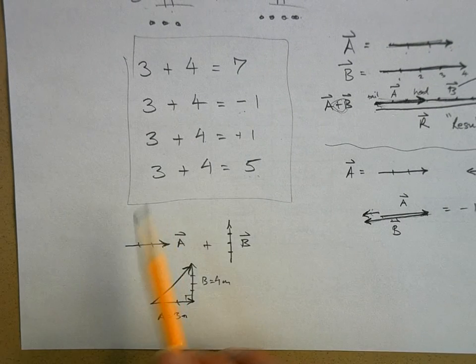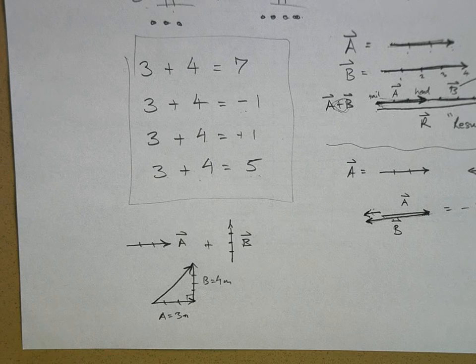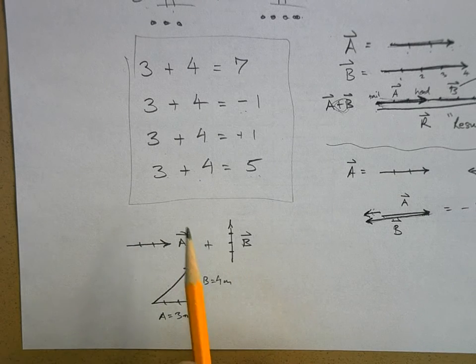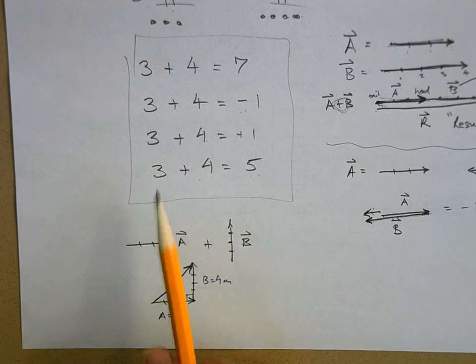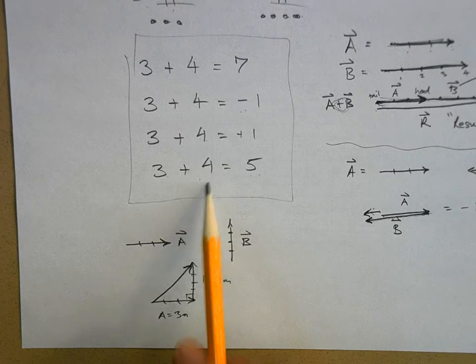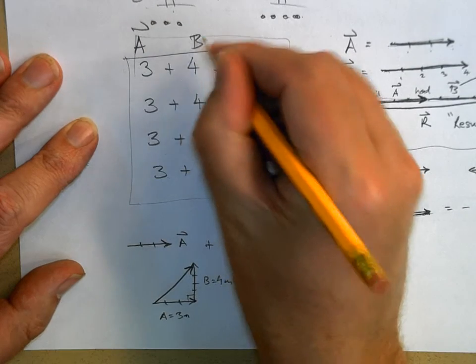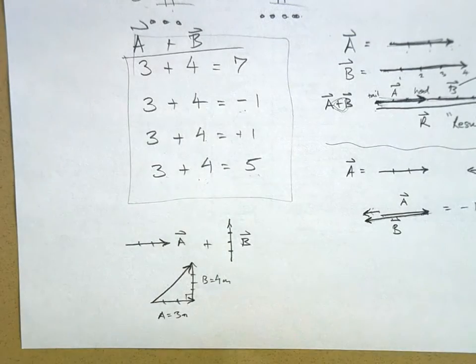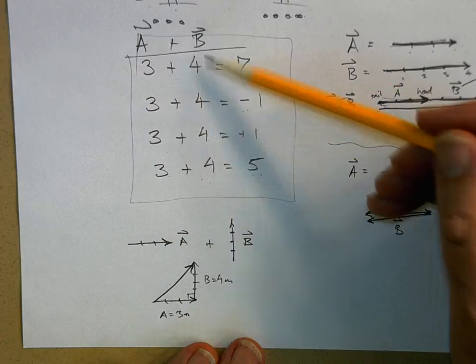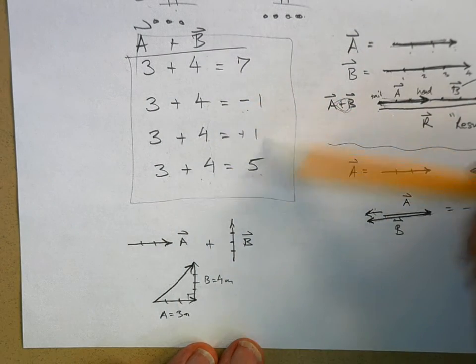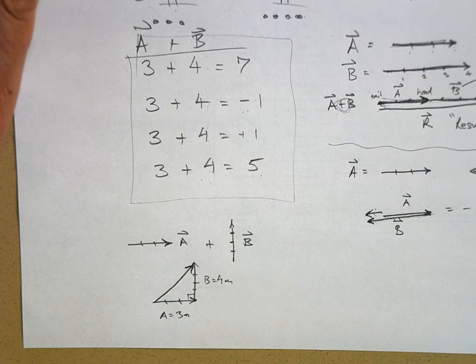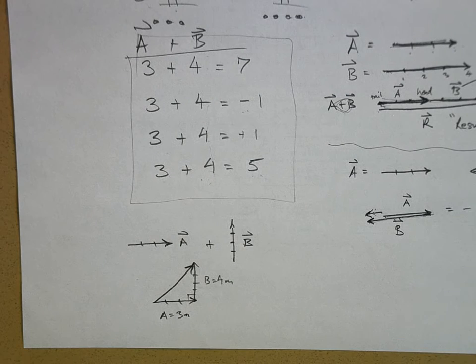And this is how you get 3 plus 4 equals 5, but only if you're adding vectors. If you go A plus B, if you change the direction of B, you get these different answers. Okay?